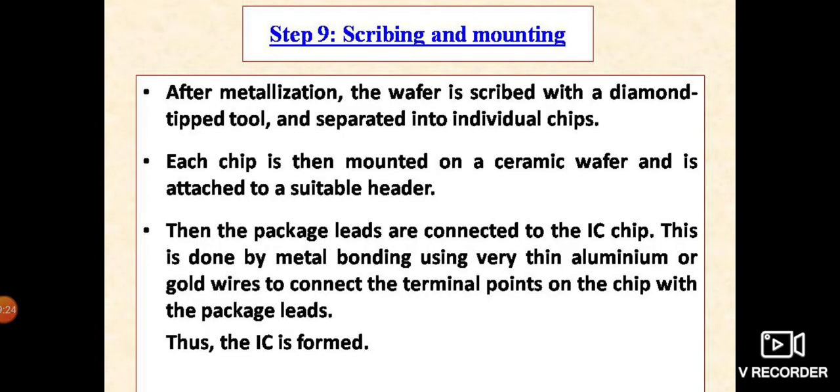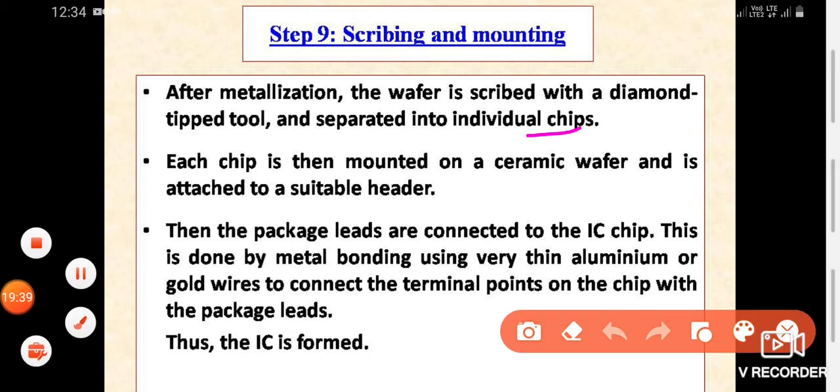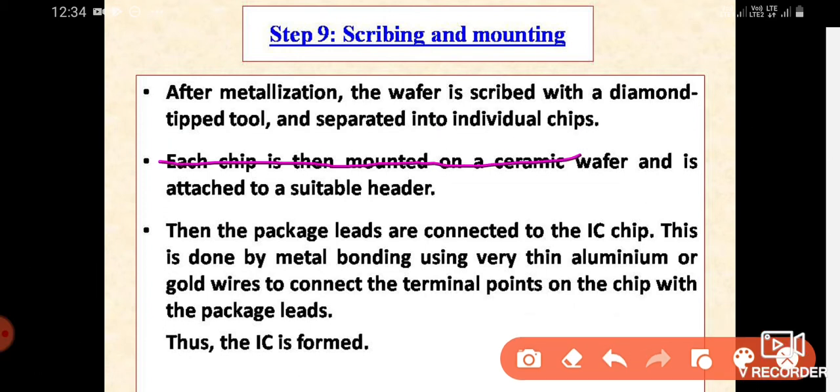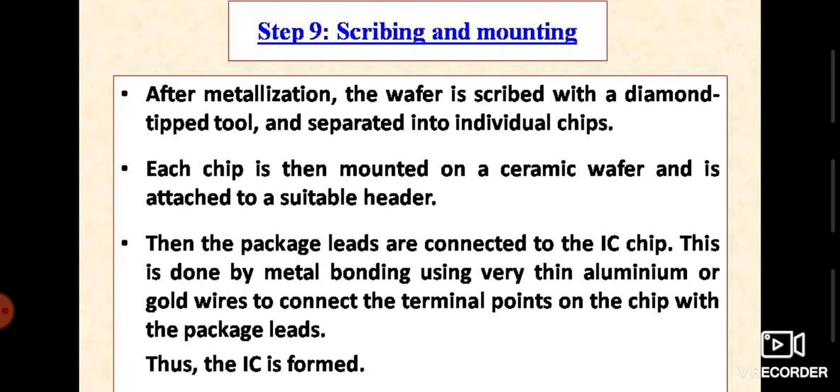Step 9. Scribing and mounting. After metallization, the wafer is scribed with a diamond tipped tool and separated into individual chips. As I already told you, ICs are fabricated in batch, that is, a number of ICs are fabricated together as strips.